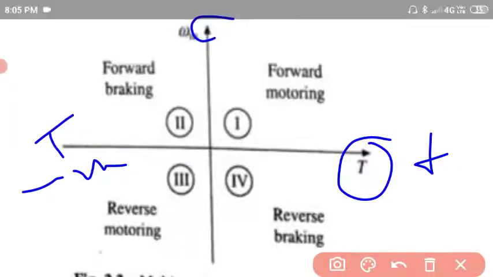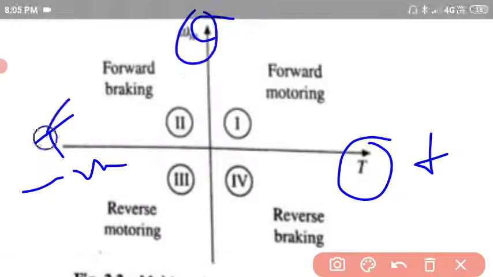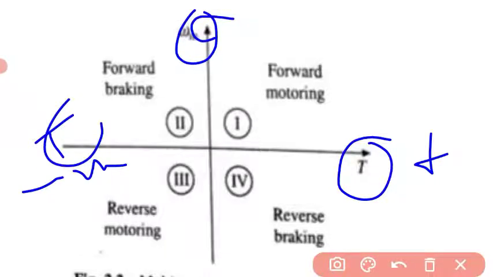The power developed by the motor is negative because of the product of speed and torque. I repeat, in quadrant 2 power is negative, hence the machine works under braking, opposing the motion. Therefore operation in quadrant 2 is known as forward braking, because the power developed by the motor is negative.